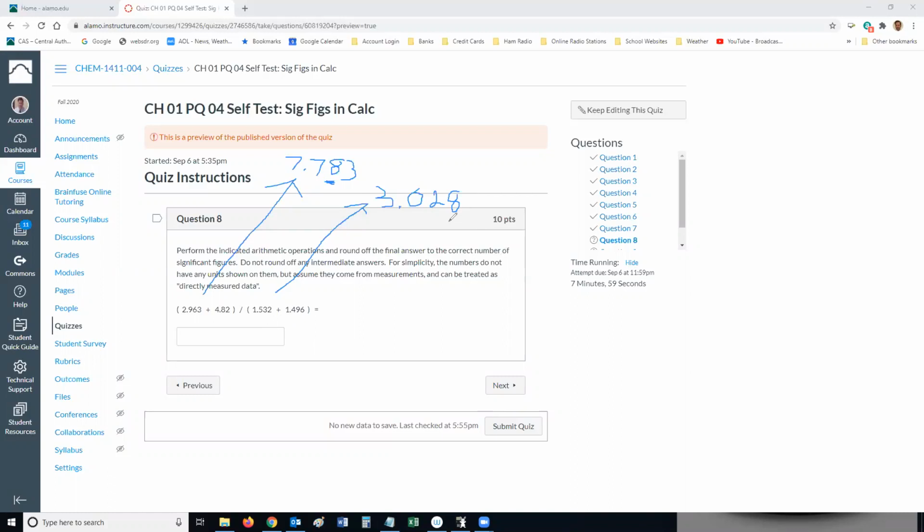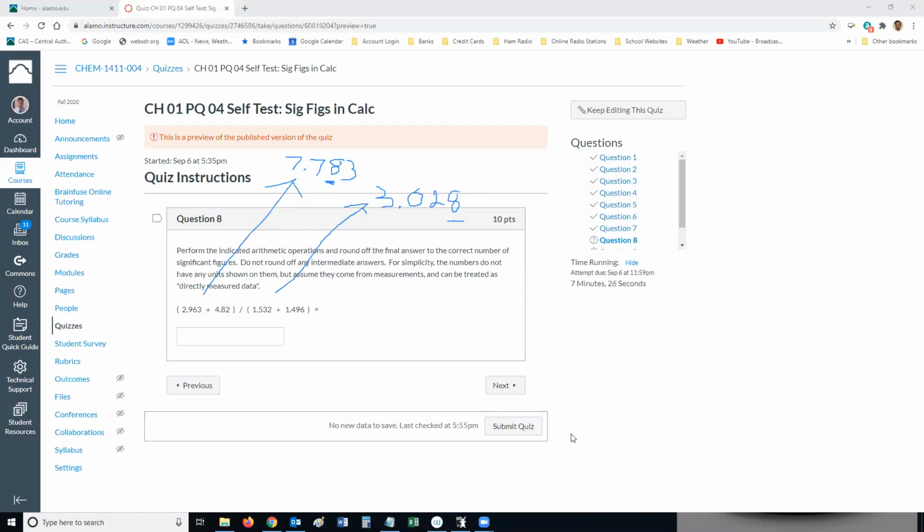So I'm good out to the last decimal place. So now I'm supposed to take that number that each of these parentheses expressions crunch down to. I'm supposed to divide one by the other. Now I've got 7.783 divided by 3.028, but I have to regard the numbers as having 3 significant figures and 4 significant figures. So my answer will have only 3.